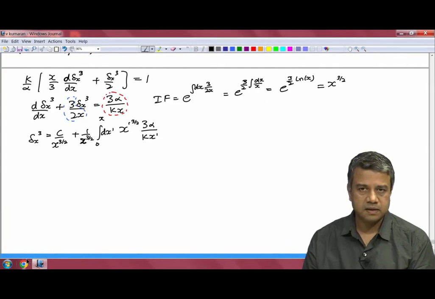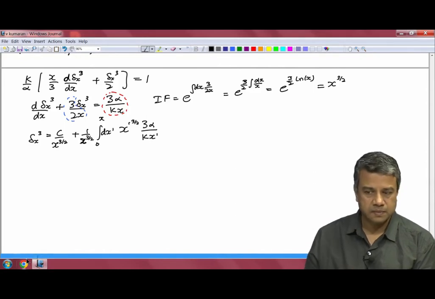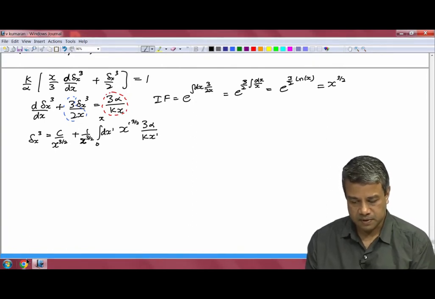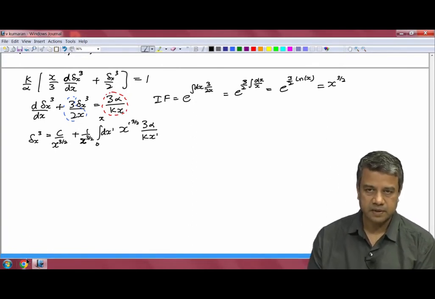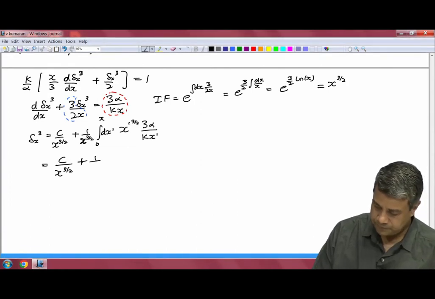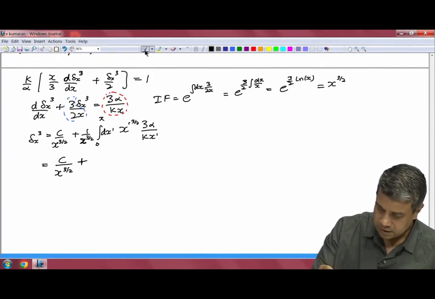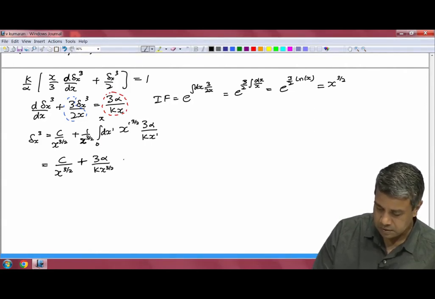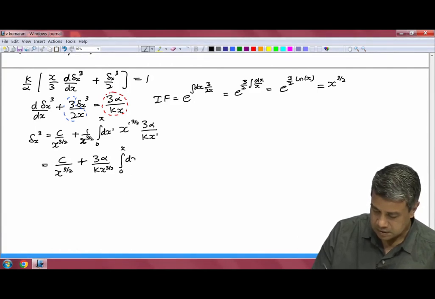So, C, constant by integrating factor. Integrating factor in this case is x power 3 by 2. So, constant by integrating factor plus 1 over integrating factor integral 0 to x dx prime times x prime power 3 by 2, that is the integrating factor, and 3 alpha by k. Take the constants out, 3 alpha by k x power 3 by 2 integral 0 to x dx prime into x prime power half.